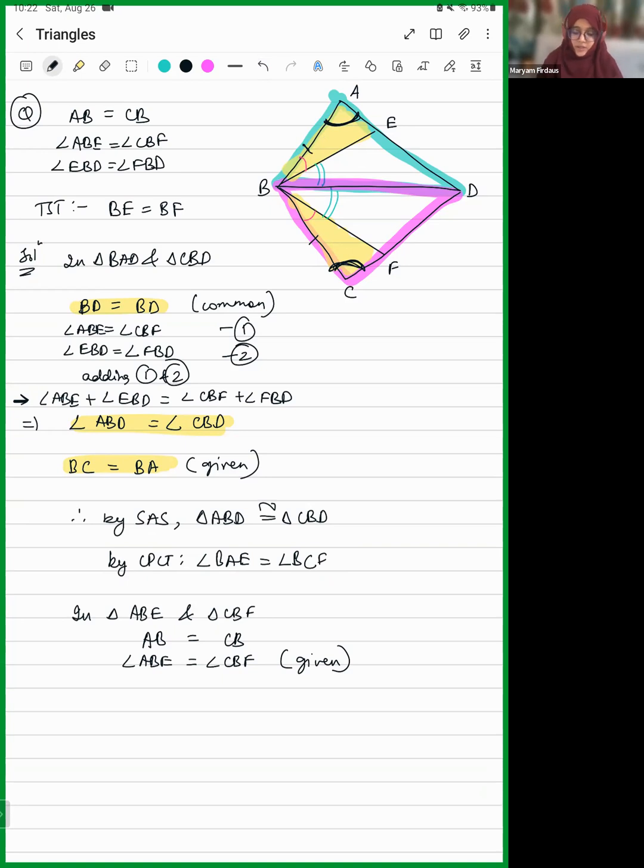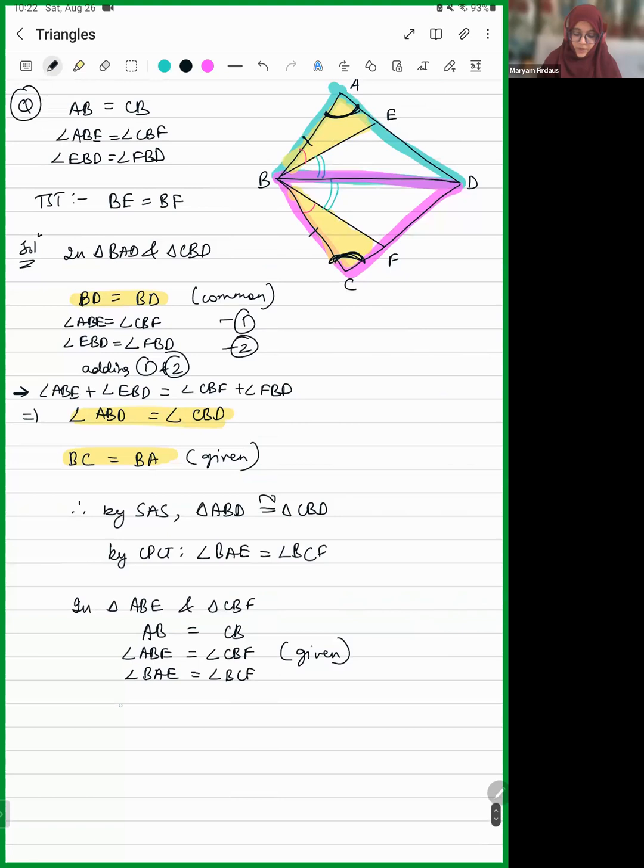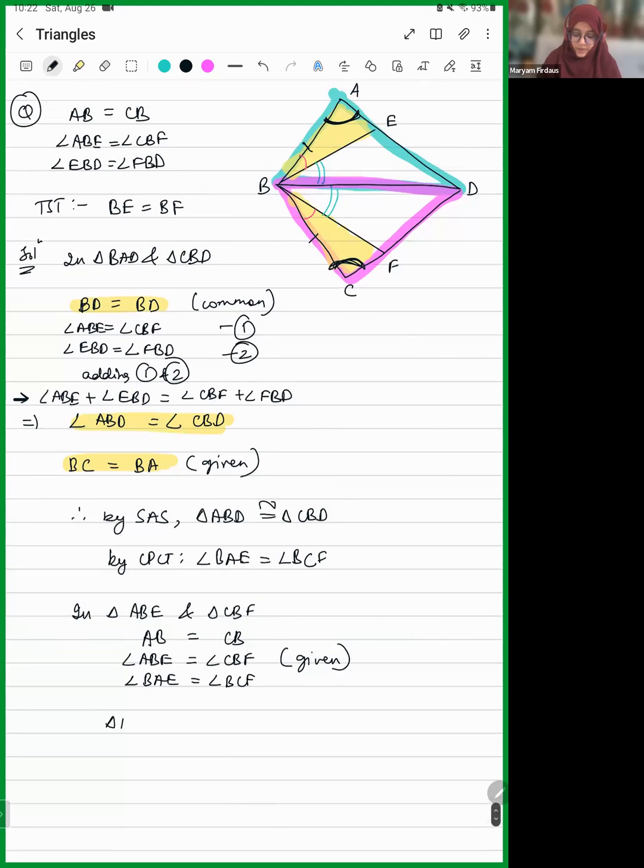Okay. So now since these two angles are equal, what can we write now? BAE is equal to BCF. So now which two triangles will be congruent? Triangle ABE. By which rule? Yes, Preshita?